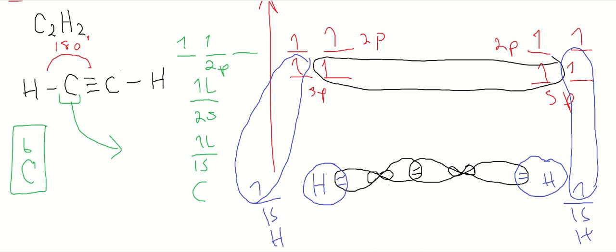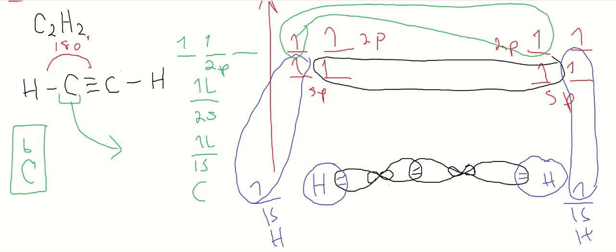Okay, so we're going to need a couple different colors here. Now we need to draw the sharing of this bond here. I'm going to share that one with this. I'll do that in green. So these are going to be your p orbitals. Imagine this is along the x-axis, and the same thing here, x-axis.